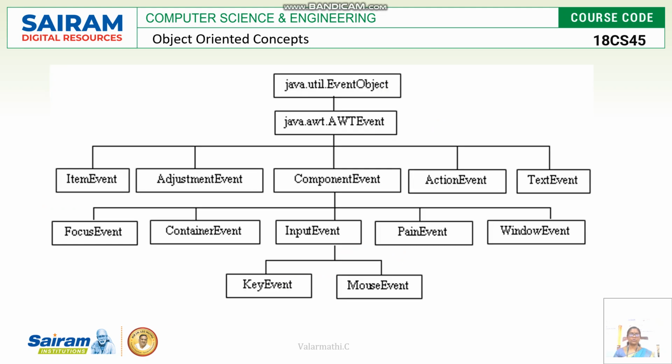So what is the hierarchy defined in Java? This diagram shows the entire hierarchy from the top level to the bottom level. The top level object is java.util.EventObject, and from that hierarchy AWTEvent is another class.